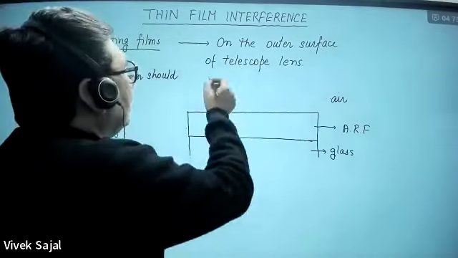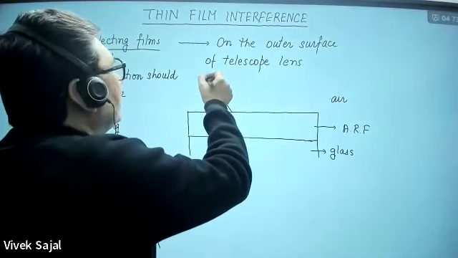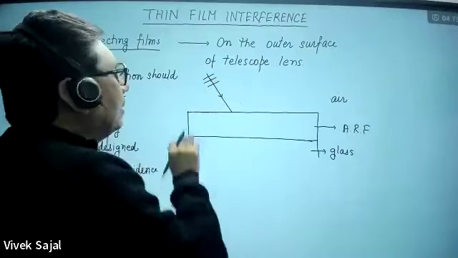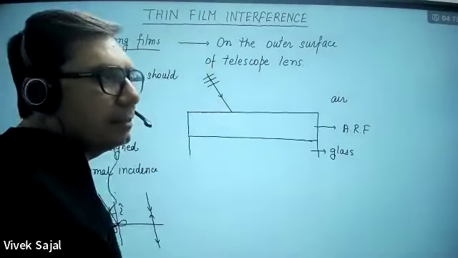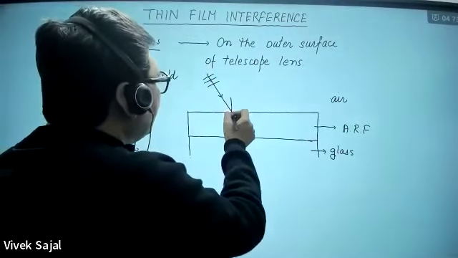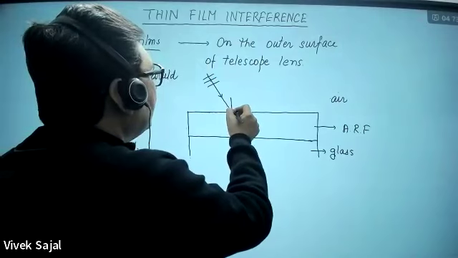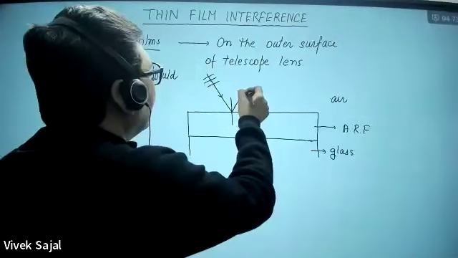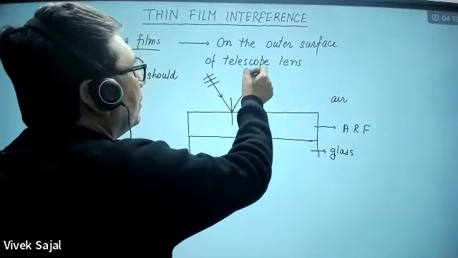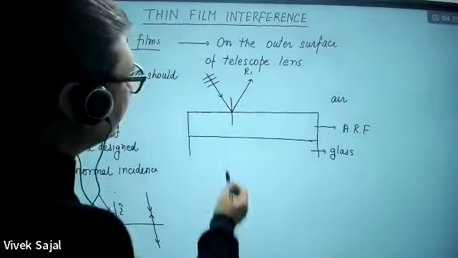So here, this is the incident light, the planar wavefront that is falling like this. Now what will happen? Draw a normal here. A part of it will be reflected here, so this is R1. We are all aware of it.